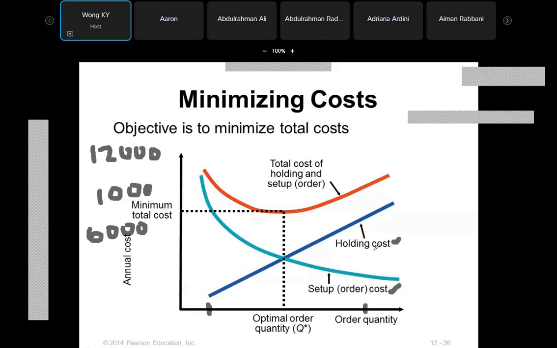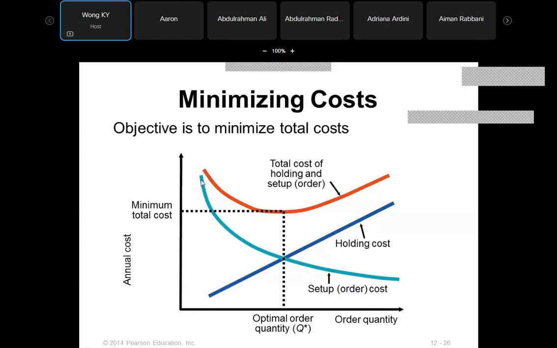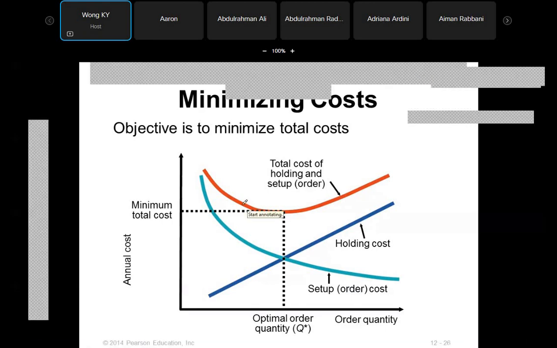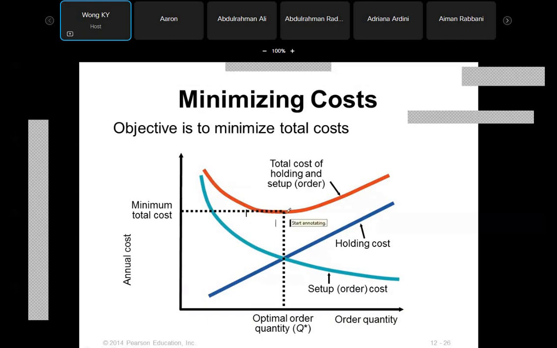Okay, clear? Now, if we total up the dark blue line and the light blue line, we will get the total cost. The total cost is represented using this red line. Trust me, if you find a value at this point plus a value at this point, you will get a point here.